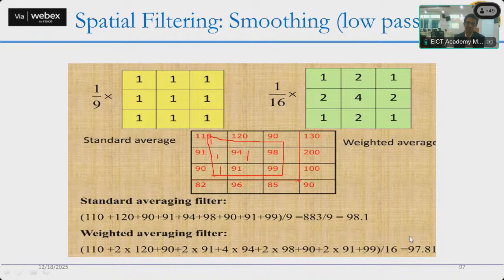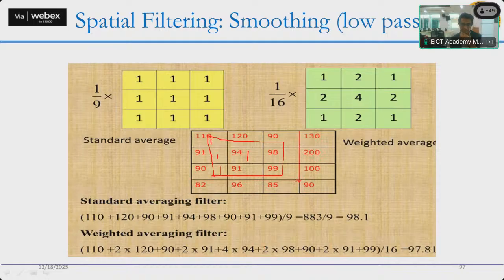One is the standard average filter, the mean filter, and the other is the weighted average filter. Yes, they are two different filters. Sojan is asking, is any dimensionality reduction applied here? See, dimensionality reduction we are not bothering with till now. That will come later.